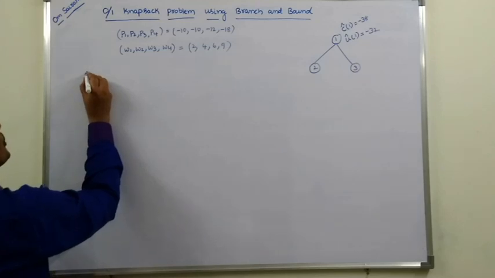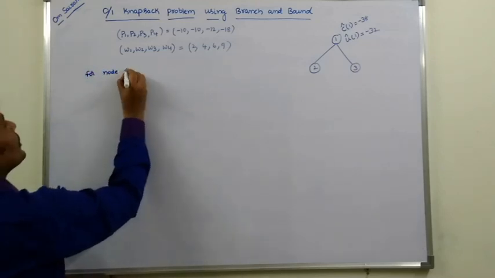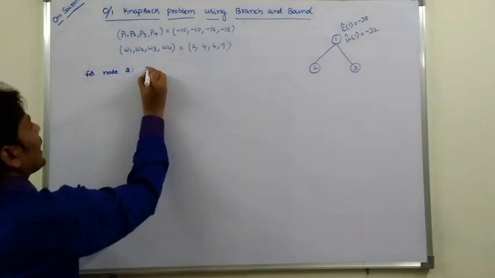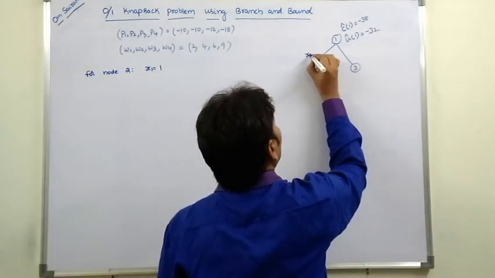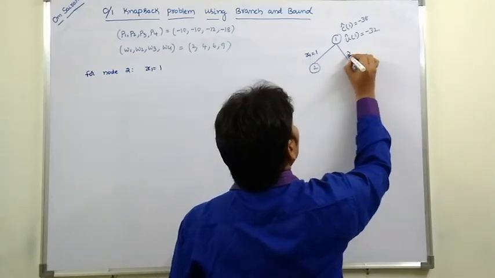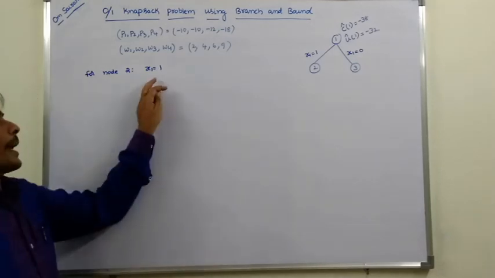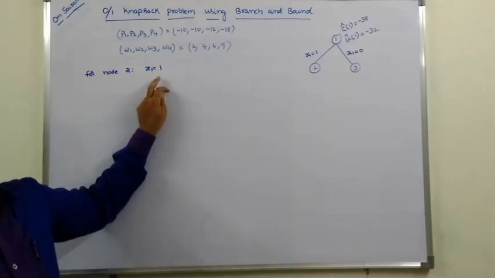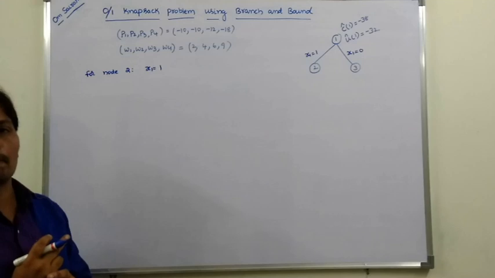For node 2, X1 is equal to 1. So here X1 is equal to 0 for the other node. X1 is equal to 1 is nothing but we have to place the first object completely into the knapsack.